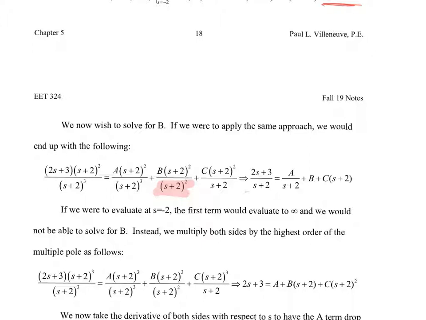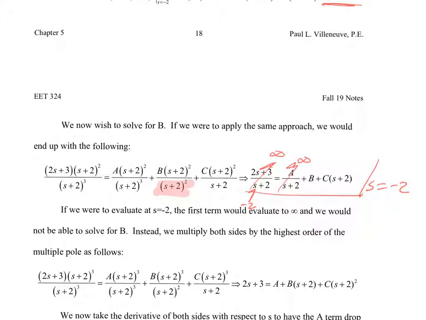What I'm left with is 2s plus 3 over s plus 2 equals A over s plus 2 plus B plus C times s plus 2. Now I would normally evaluate at s equals minus 2, right? That's our approach. Except what happens if I put minus 2 in here? That goes to infinity, doesn't it? So this is not going to work. I can't multiply by whatever the B term is and evaluate there.